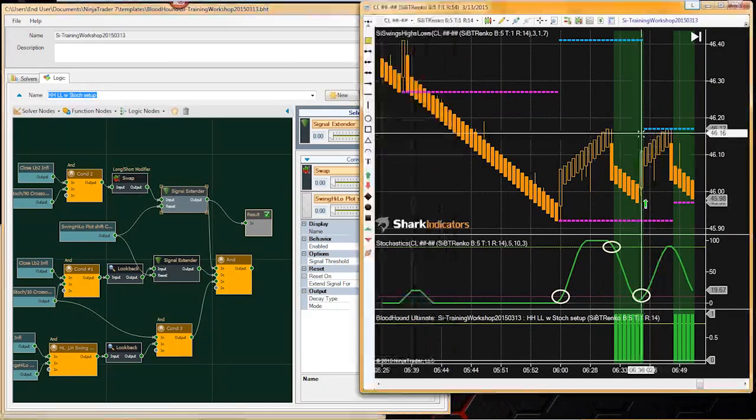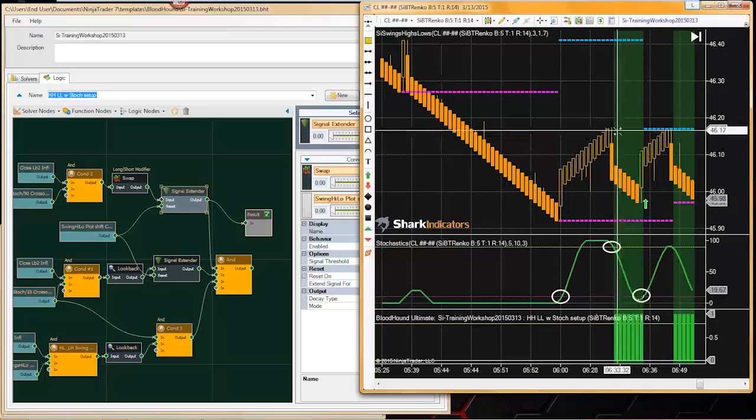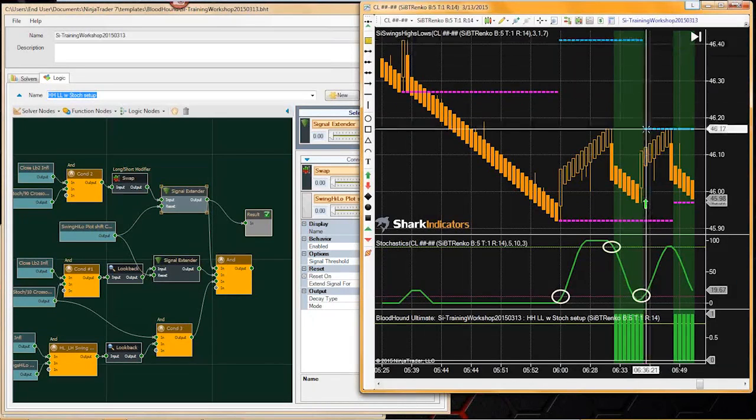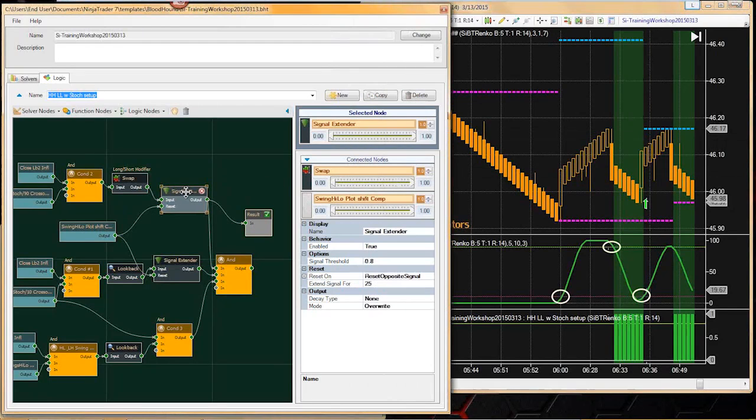oh, look at this. So I notice here, look at the signal extending for condition 2. You notice it reset when our swing highs shifted down, right? So what happened was I forgot to change the resets for our signal extender.